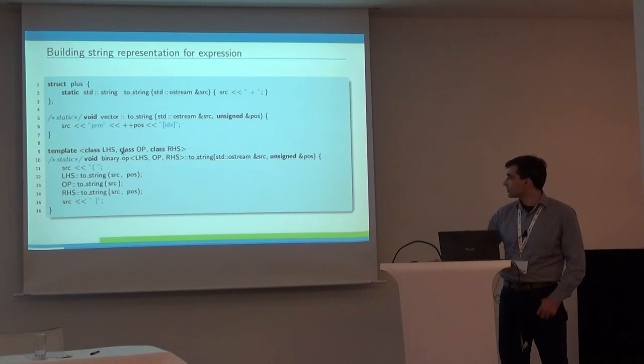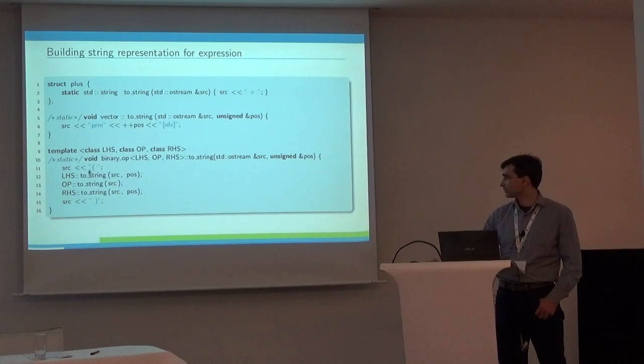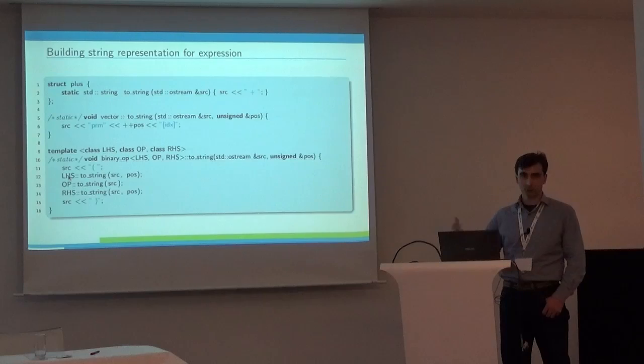And each binary operation just puts an opening bracket and a closing bracket, and it asks the left child to do the work. Then it outputs the operation that needs to be done, and then it asks the right child to do the work. So we have the complete expression encoded in a string.